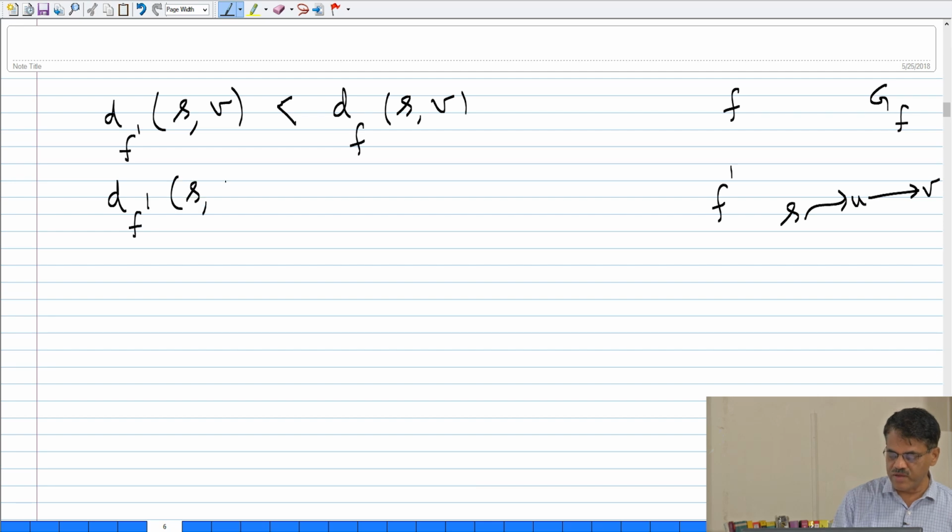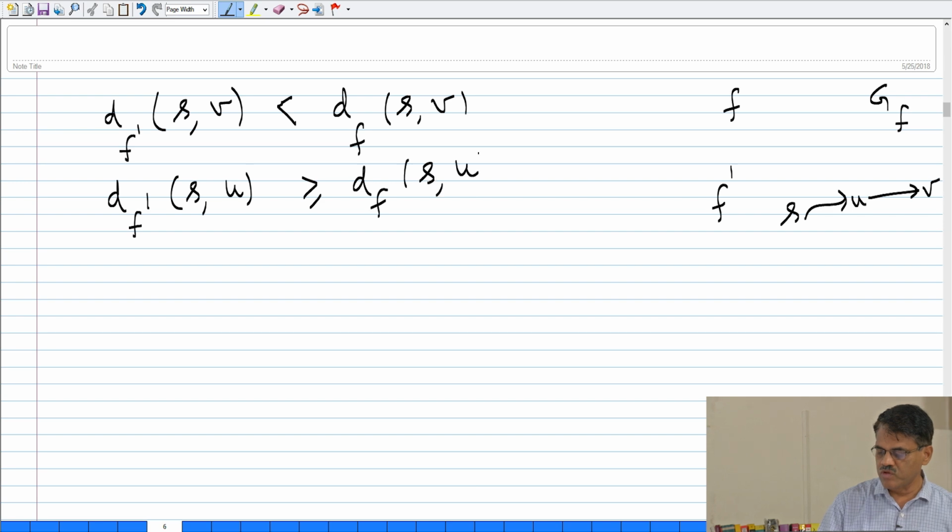So, df prime SU is greater than or equal to df SU. And now through one argument we already argued that this edge UV is not in GF.